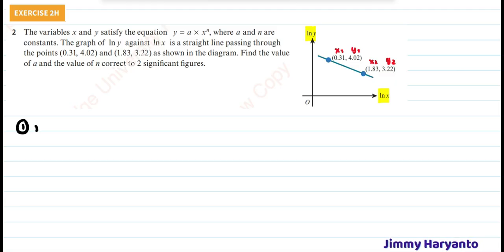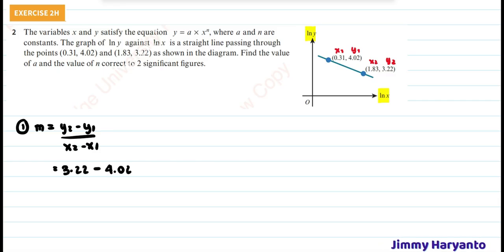And then the next step will be to find the gradient using this formula, y2 minus y1 over x2 minus x1. So y2 equals 3.22 minus y1, which is 4.02, divided by x2, which is 1.83, minus 0.31.